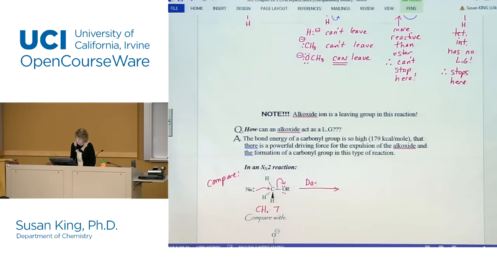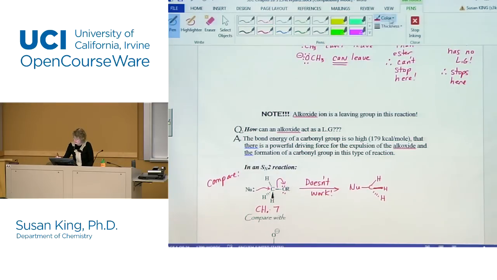So this doesn't work. So we'll draw it and then we'll put a big X through it. So that would be backside attack, having alkoxy as a leaving group.